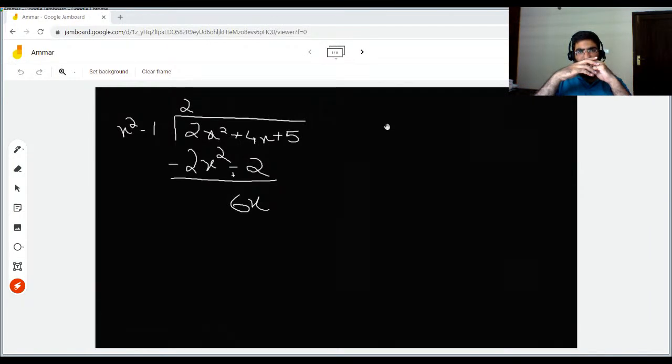So how do I do this when I already have x squared here, but I don't need the square? Do you understand? You multiply it with x squared, and then what do you get over here?